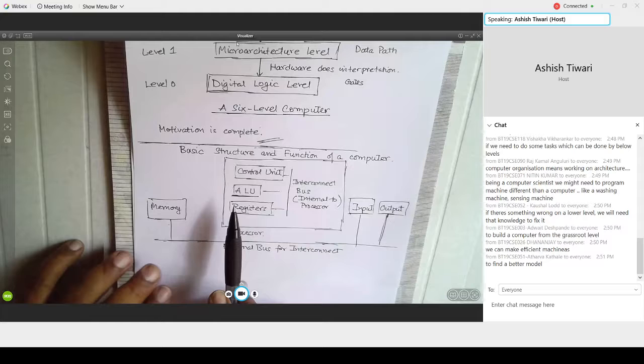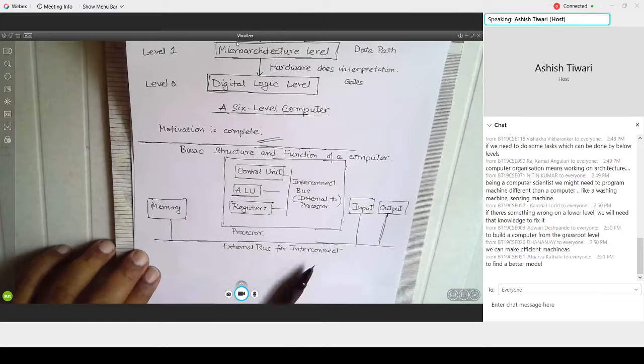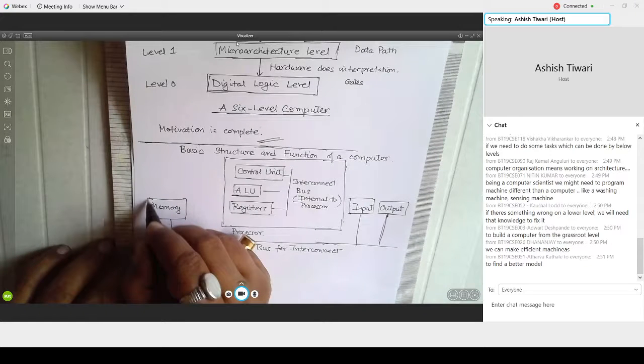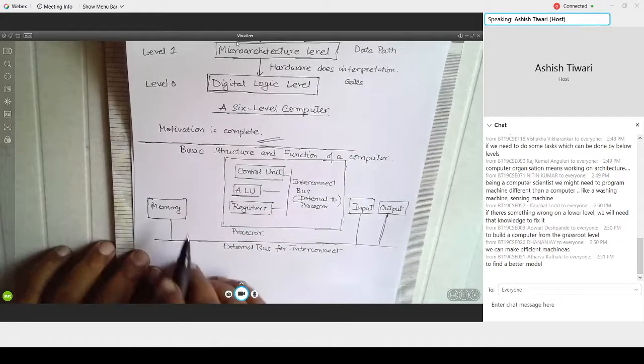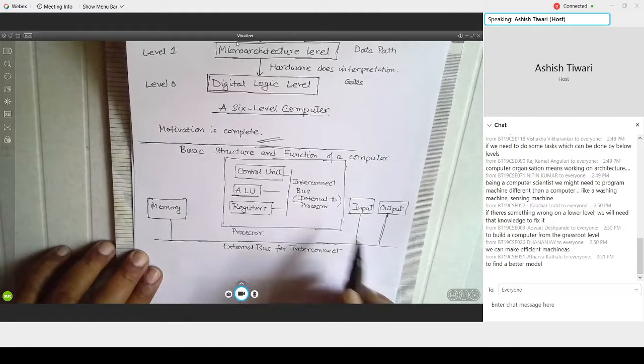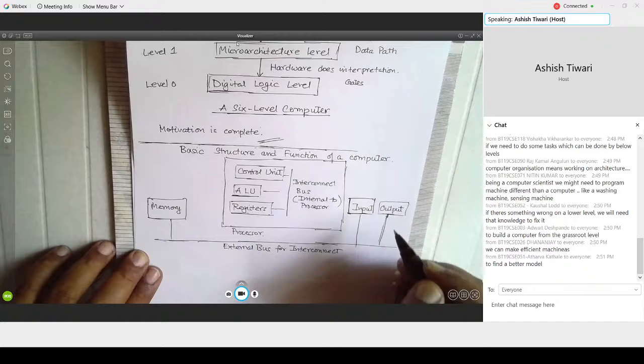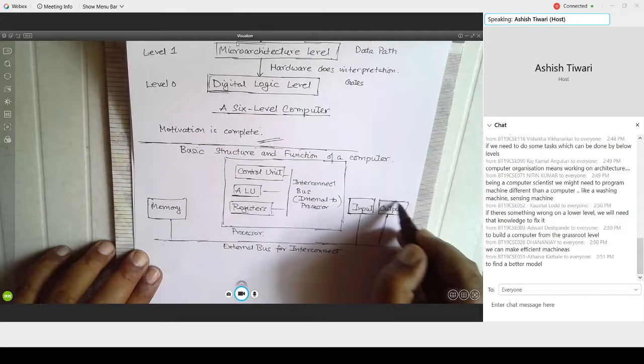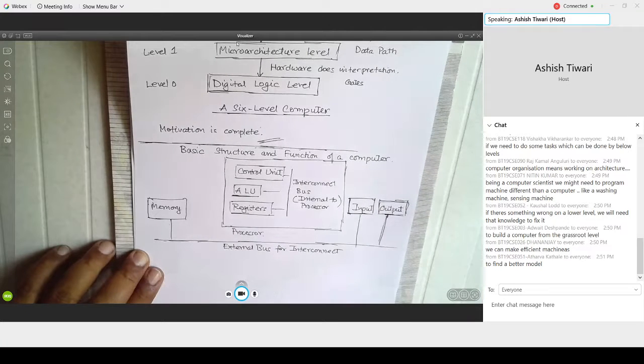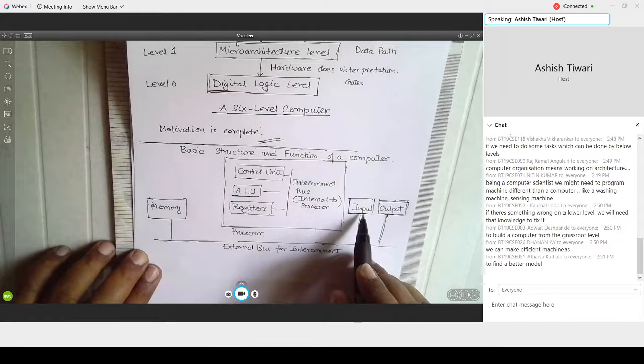You can identify certain components when you look at a computer. For example, memory, the place where you store your data and your instructions as well. Then you have input devices and output devices, right? Your screens go here, your mouse and keyboard go here.